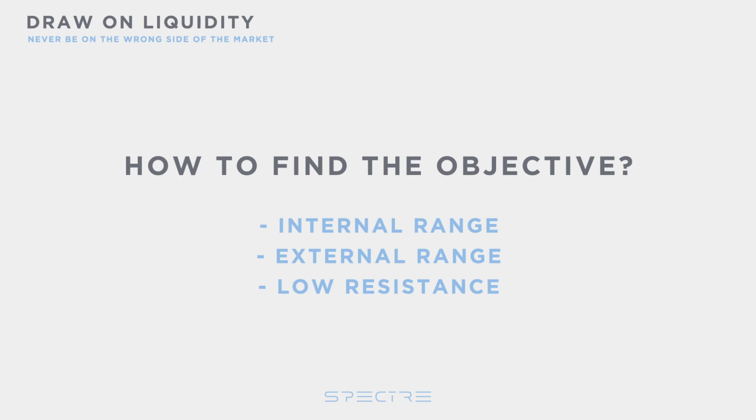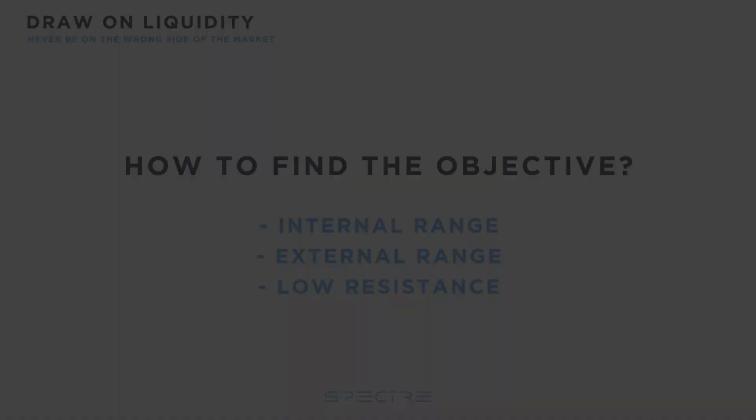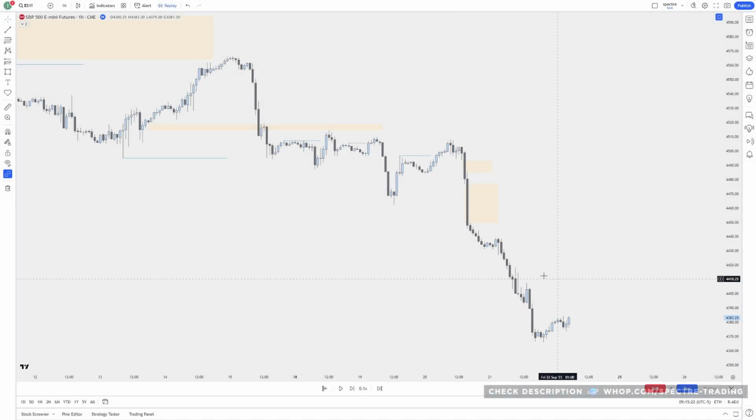There shouldn't be any issues getting towards this area, and this is usually in the form of a swing failure pattern. However, FVGs are also a form of low resistance liquidity. The reason why FVGs are a form of low resistance liquidity is because they are usually very easy targets to go for. Price usually delivers to inefficiencies with ease. Okay, so here we are back on this hourly chart.